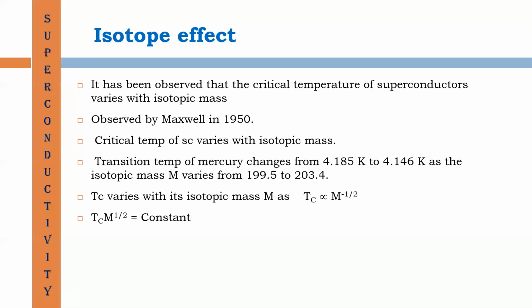Many years the same question has been asked. So it is an important relation: Tc times m raised to half is equal to a constant, or Tc proportional to m raised to minus half.